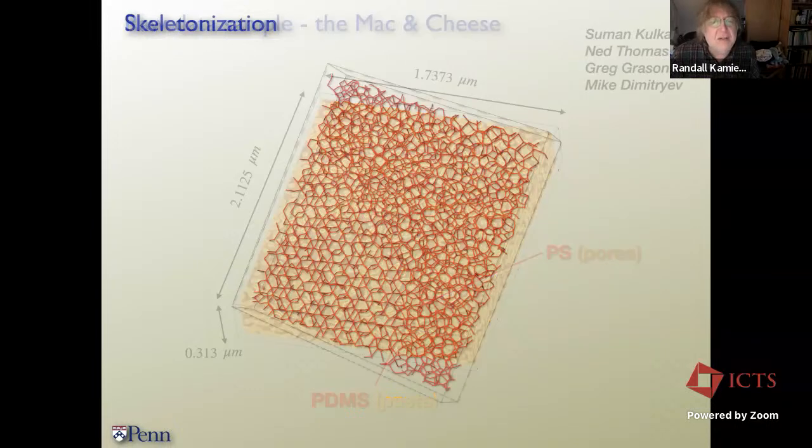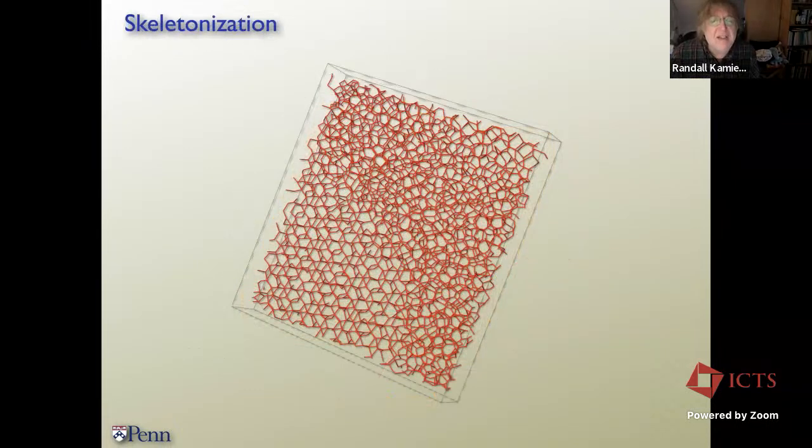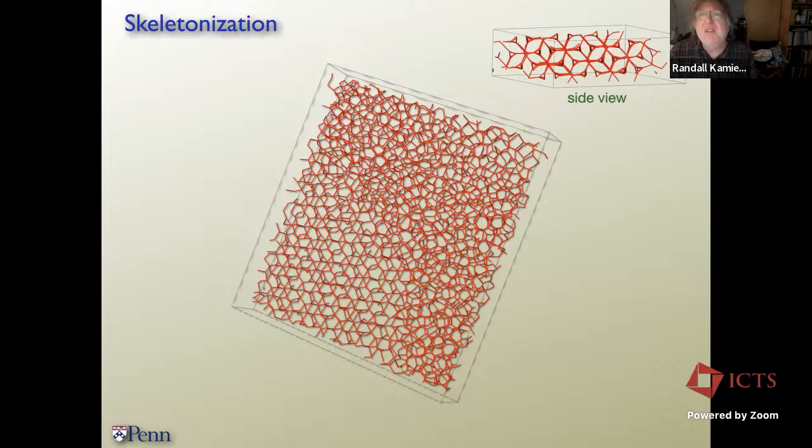And here's the network, the network of one of them. Maybe it's the network of the polystyrene or the PDMS. It doesn't matter. This is what it looks like on the top. This is a side view. So they can actually reconstruct the center lines, the locations of the maximum density of the minority block here.